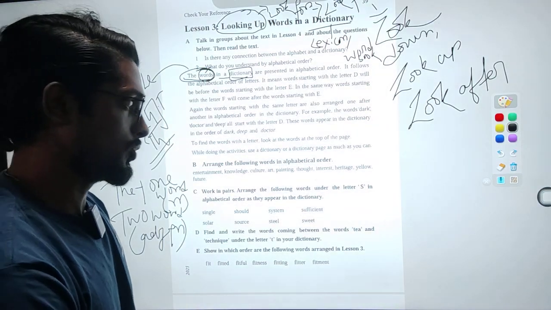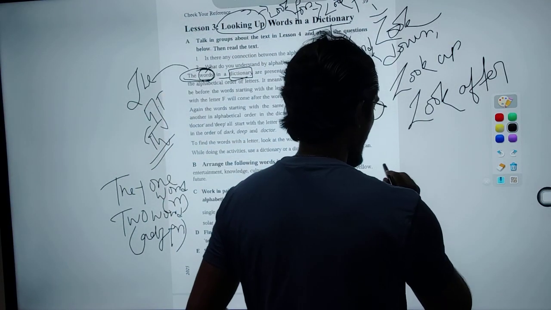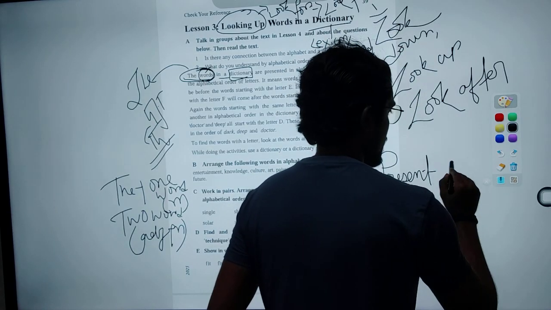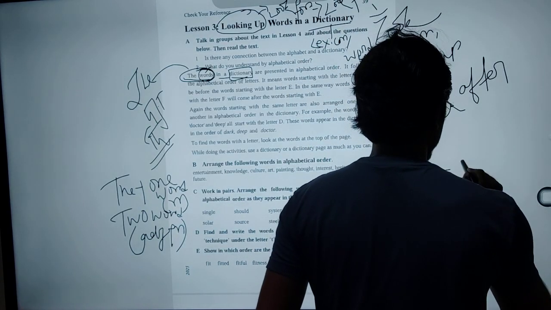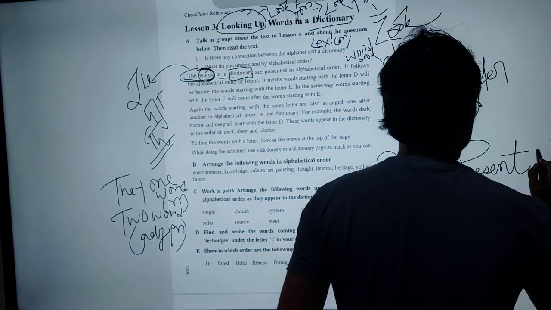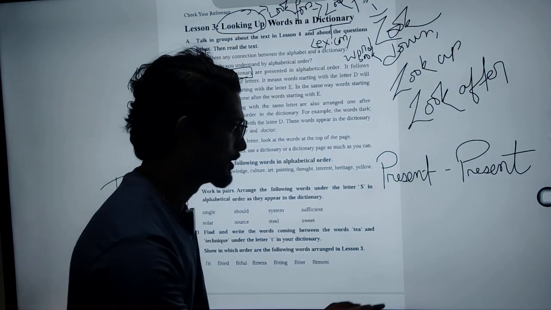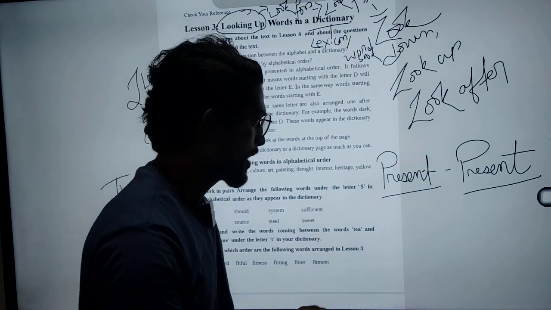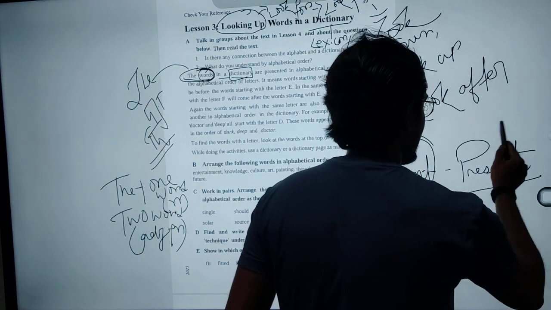Now, the two words, this is called homograph. Look, P-R-E-S-E-N-T, P-R-E-S-E-N-T. Look, the spelling is the same, but the pronunciation is different.